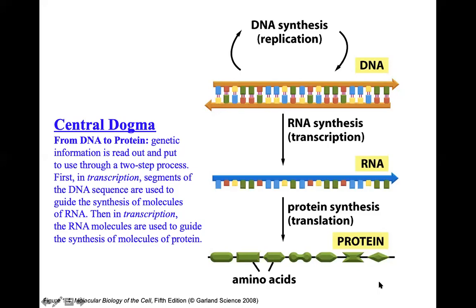I am just reviewing the central dogma. Does anyone have any question on this slide? DNA to RNA is called transcription, and RNA to protein synthesis is called translation. Does anyone have any question or you do not understand anything else?